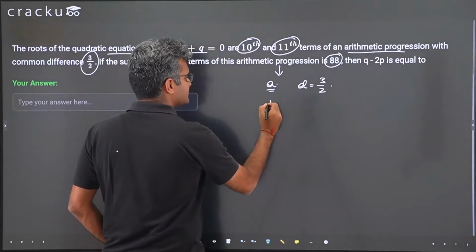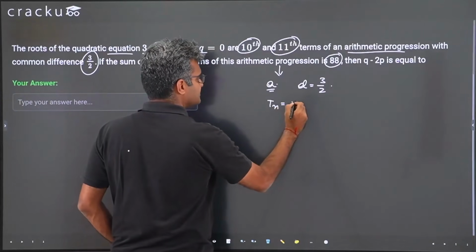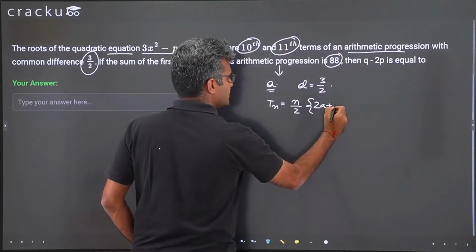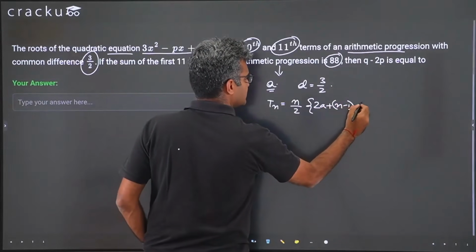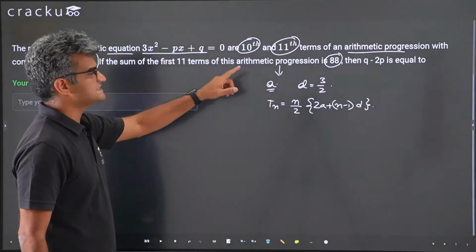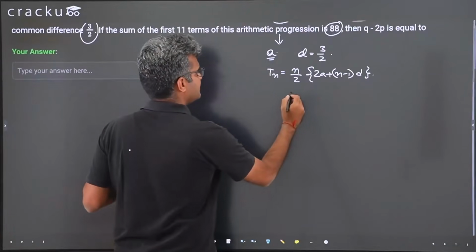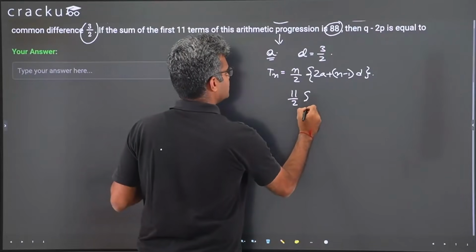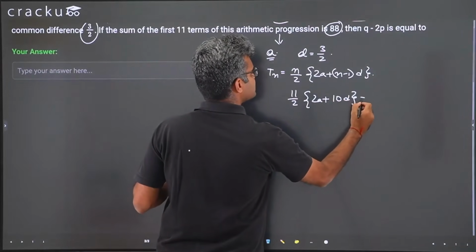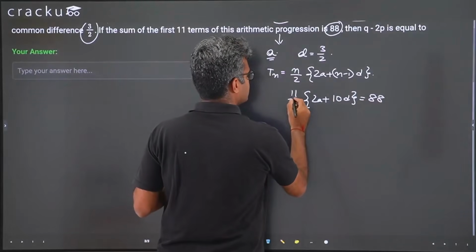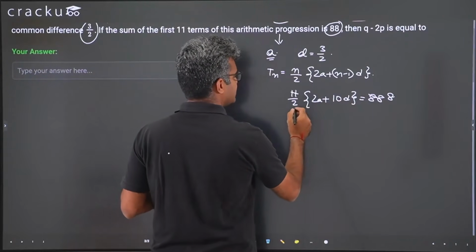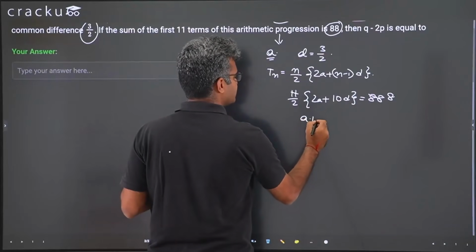What is the sum of the first n terms of an arithmetic progression? It will be n by 2 into 2a plus n minus 1 into d. We are told that the sum of the first 11 terms is 88. So 11 by 2 into 2a plus 10d is equal to 88. 88 divided by 11 is 8. 2a plus 10d divided by 2 is a plus 5d.